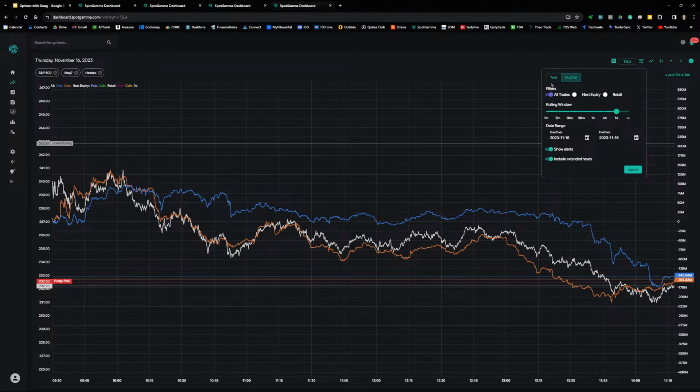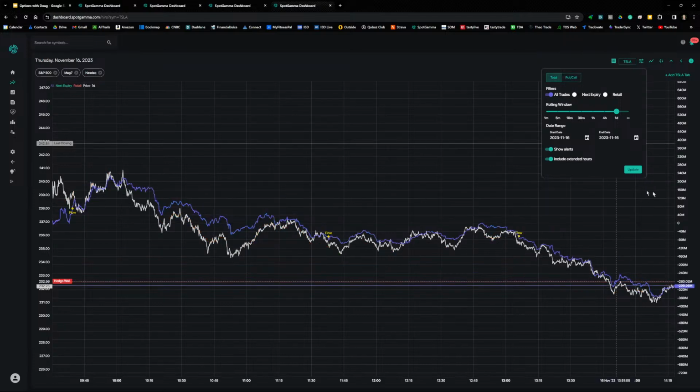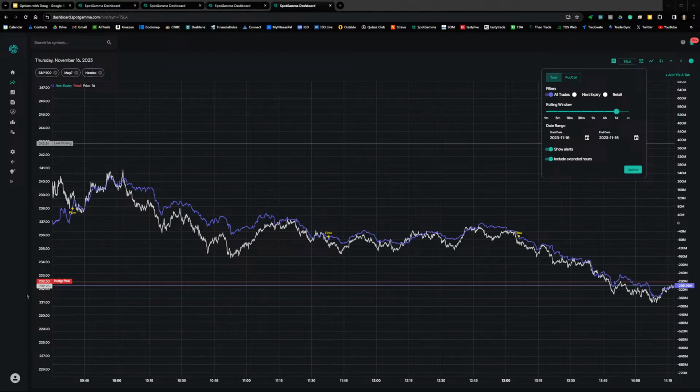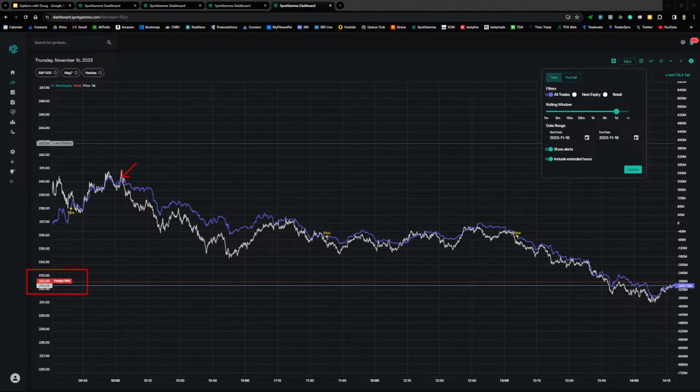And now it looks like Tesla's trading down right around the 232.50 hedge wall. And reversal just after 10 a.m. Pullback entries, maybe 10:30. Pullback entry 10:30.